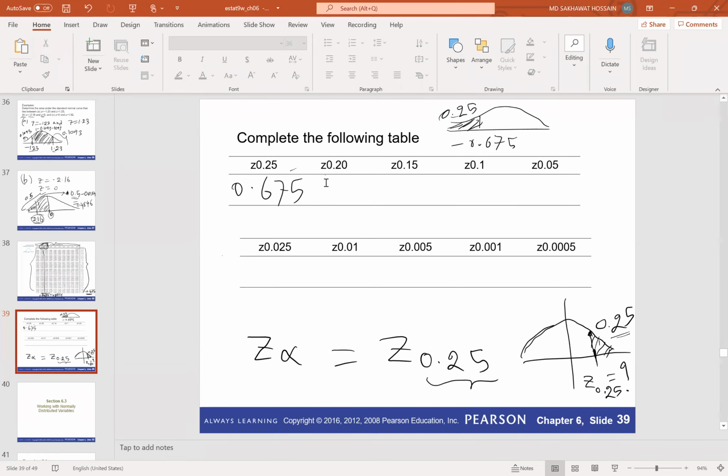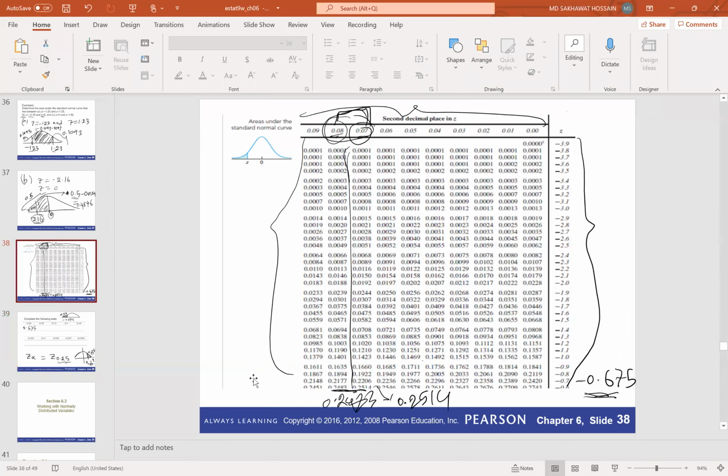And similarly, now we'll calculate the z score for 0.20. We'll find 0.20 here. This is 0.2005. Can you see this number? And this is 0.1997. So 0.20 is between these two numbers, right?